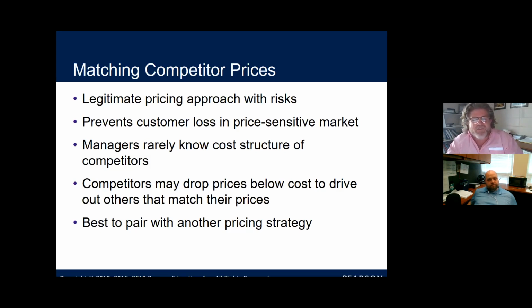Now I've got some special pricing situations, like a competitor. We don't operate in a vacuum. If I operate a restaurant and something similar opens across the street, I've got to compete with them, especially if it's a really similar concept.